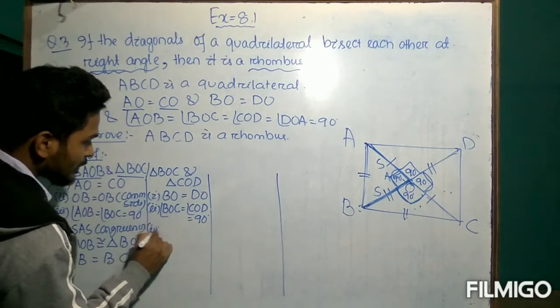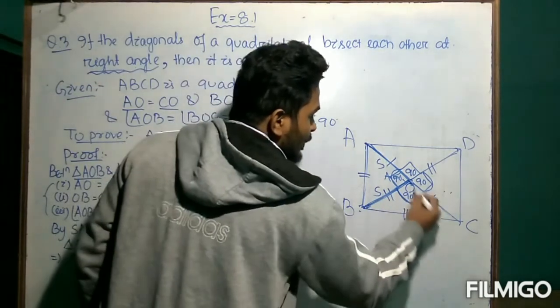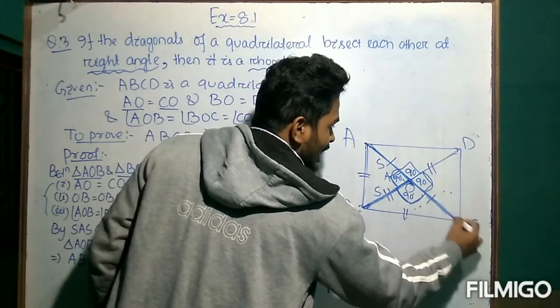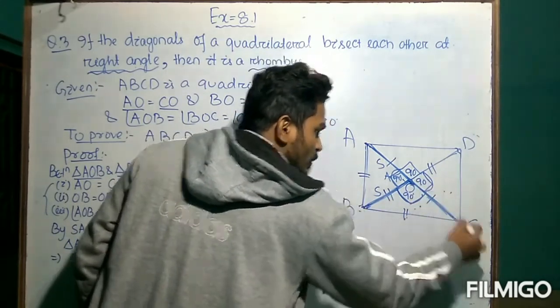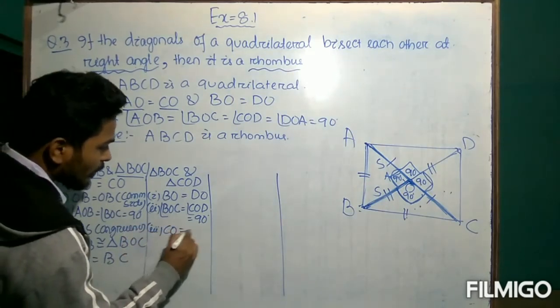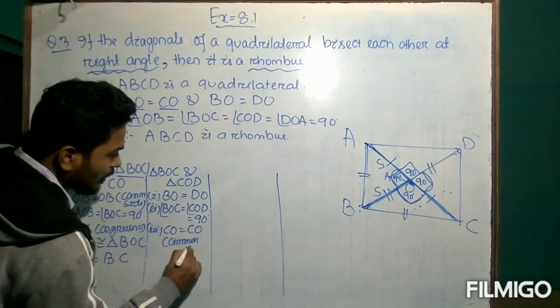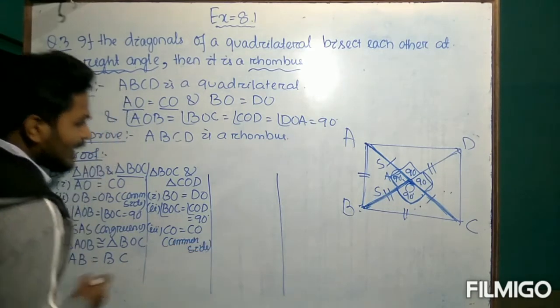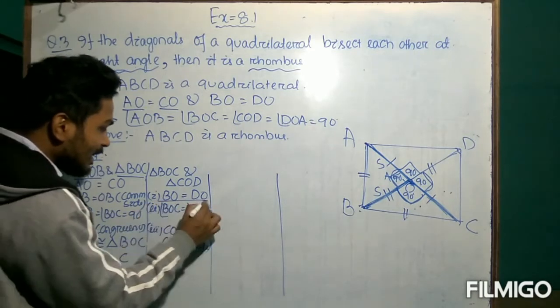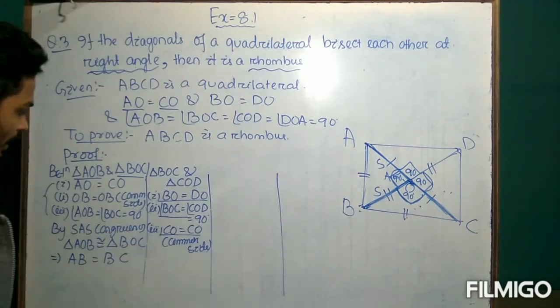Since there is no space, it is very congested to write. Next, CO is a side of triangle BOC and also a side of triangle COD, so CO is the common side. So CO is equal to CO, because it is a common side. So again by side, angle, side, these two triangles are congruent.